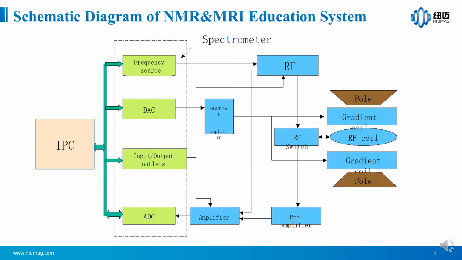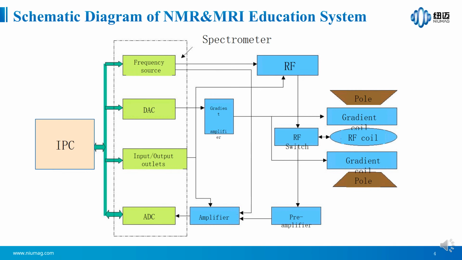Okay, this is a schematic diagram of our system, and this is the control system. It is installed with the NMR analysis software and imaging software. This part is the spectrometer system. The spectrometer system controls the input and output of the entire system.